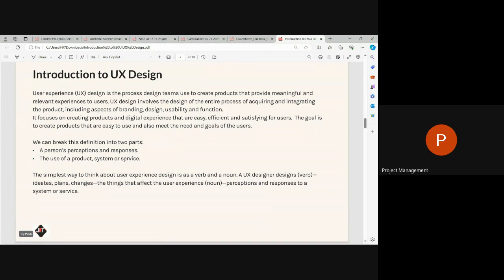You have to identify what the users want. You research the pain points of the users, you analyze the research gathered, and you create a problem statement from it. And for that particular problem, you have to find a solution. So that's the process of UX design.